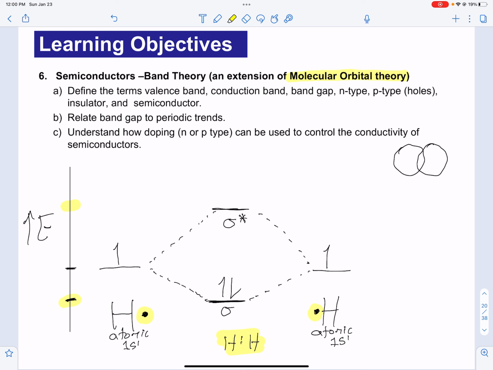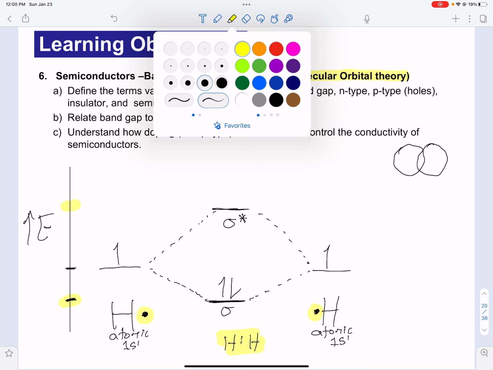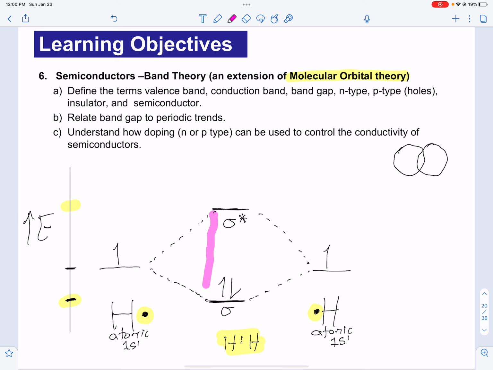And this distance from here to here is the distance between the orbital that is occupied in comparison with the orbital that is unoccupied, or the bonding and the anti-bonding. So we're gonna call this a gap in energy. We're gonna go deeper into that once we go into the band theory.